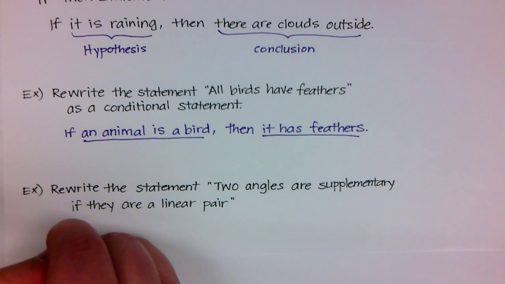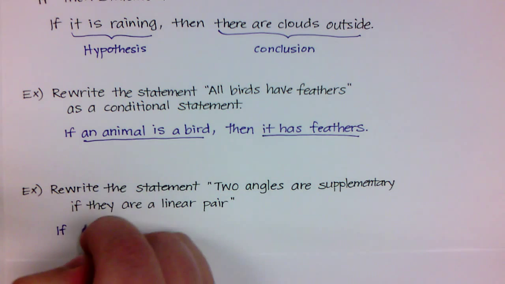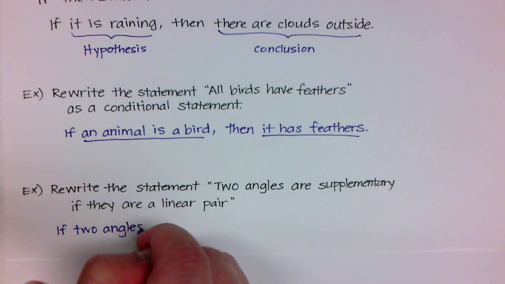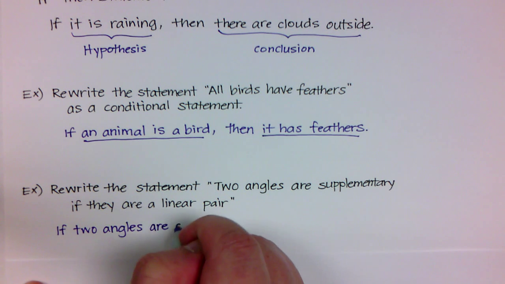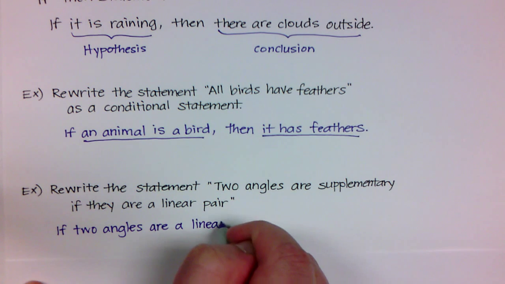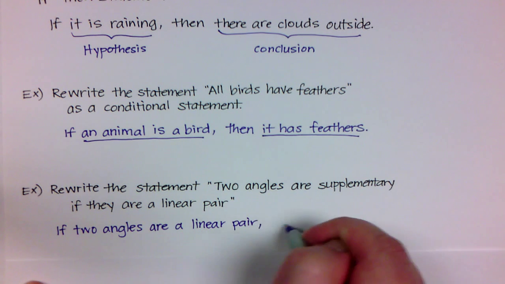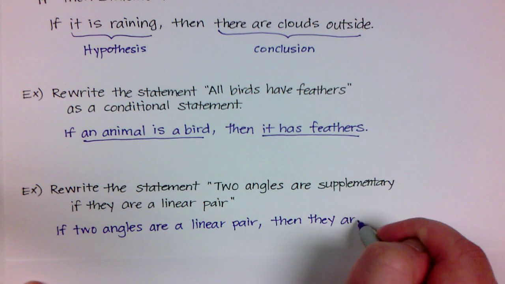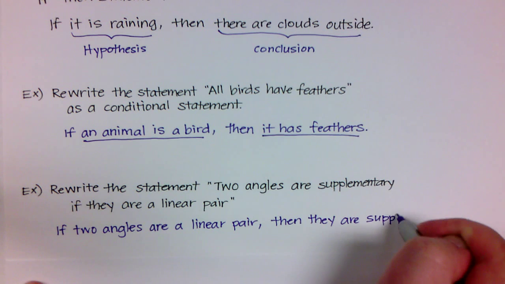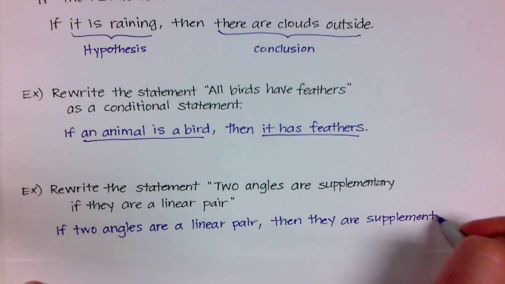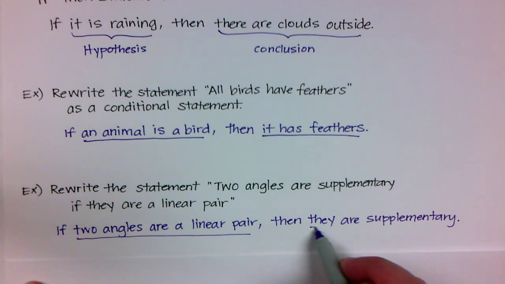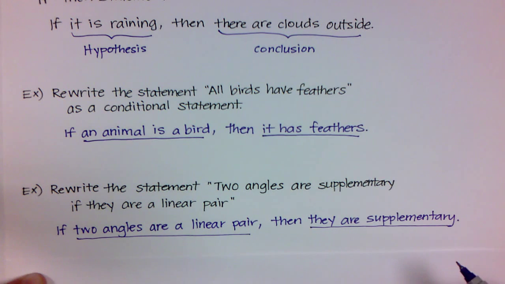I'm going to start with if two angles are a linear pair, then they are supplementary. So this is just getting us familiar with if-then statements and a beginning conditional statement. Okay.